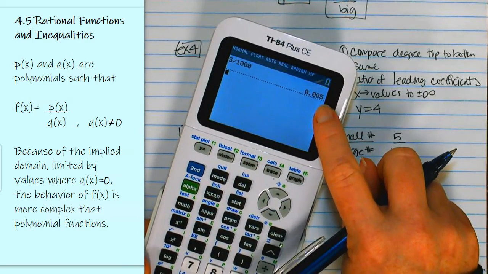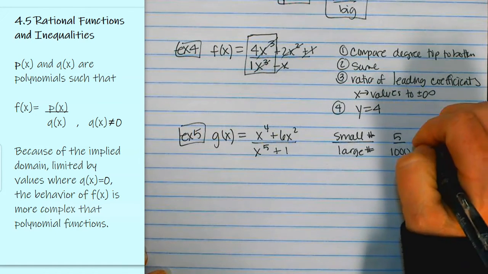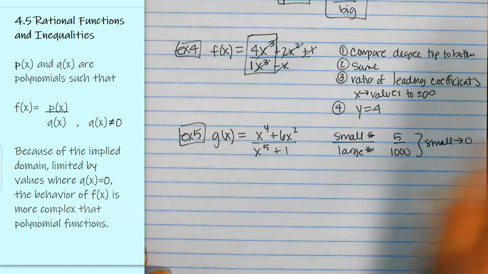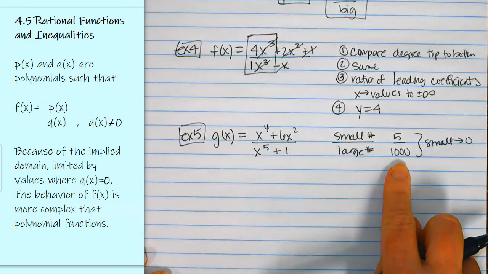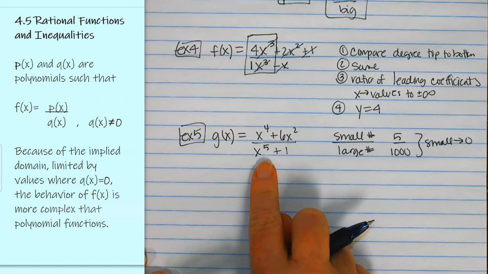It's a very small number. So small numbers divided by large numbers are small, and they approach 0 as you grow your large number. So small over infinity, that's this example.